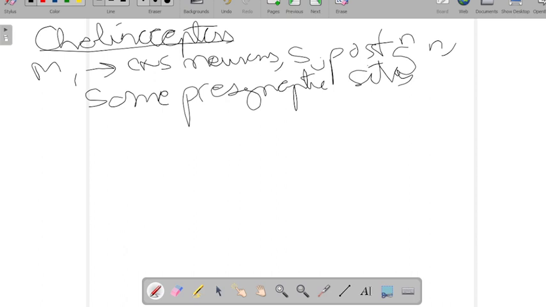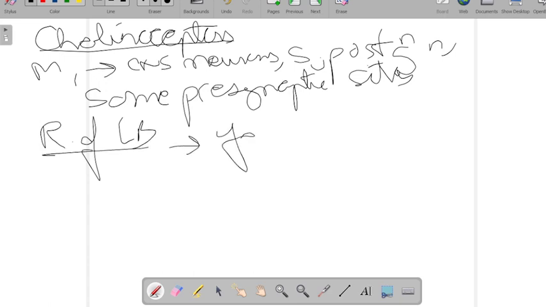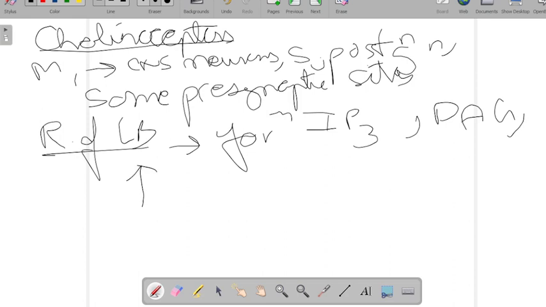Okay. Now its result of ligand binding is formation of IP3, that is inositol triphosphate, and diacylglycerol, and increase intracellular calcium, right?